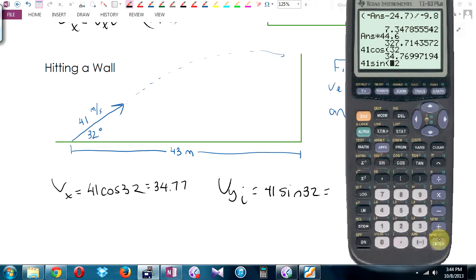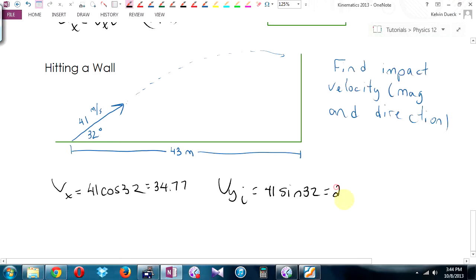Sine 32 is 21.73. And give me 2 seconds here. Dx equals Vxt divided by t. 43 divided by 34.77 equals that. Vi 21.73 plus negative 9.8 times that equals.